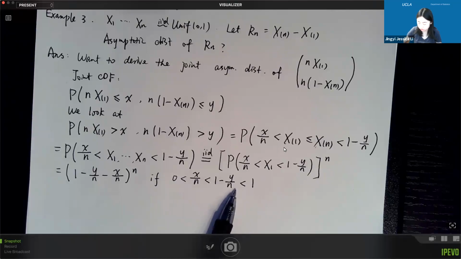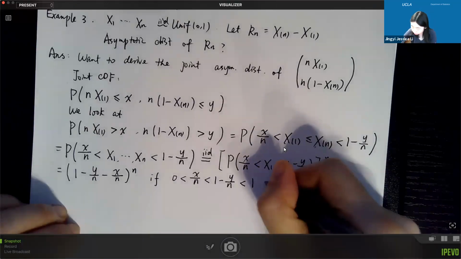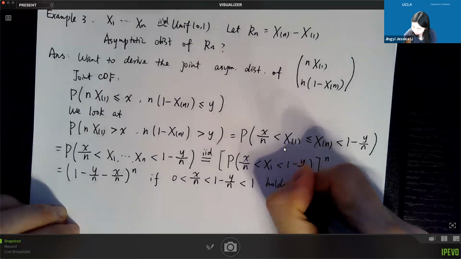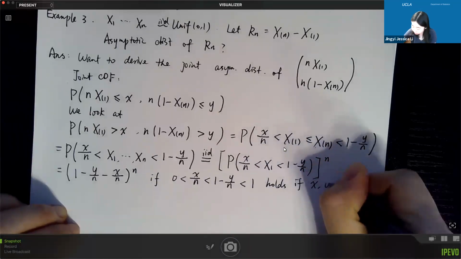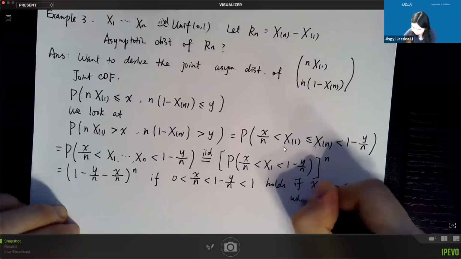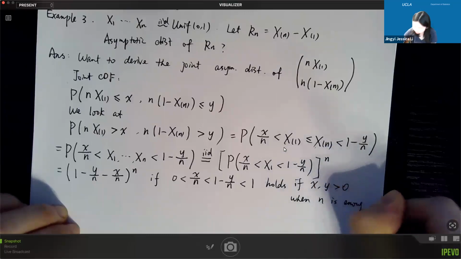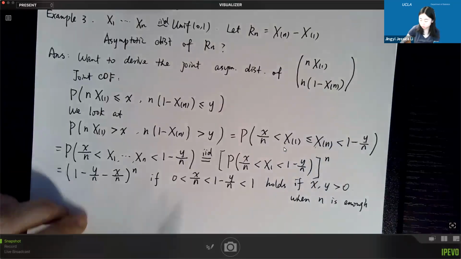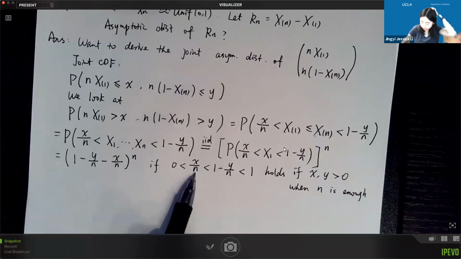And actually, yes. So what will hold for this? This actually holds if both x and y are positive when n is large enough. You can see why. When x is positive, then x over n greater than 0 will hold for sure.